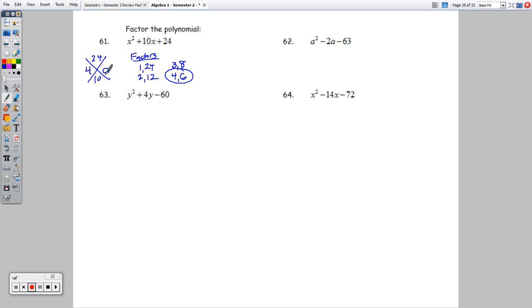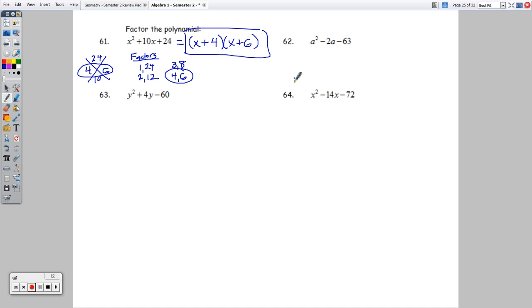So you could just do this, you could do both things, you could do neither thing. For me, this is just things that can help you find the right combination. So if you find the right combination, write that down. We'd have x times x is x squared, x times 6 is 6x, 4 times x is 4x. Together you have 10x then, and 4 times the 6 is 24.